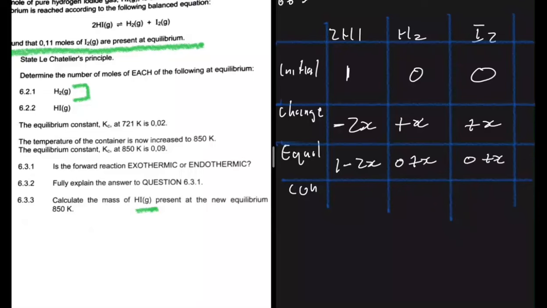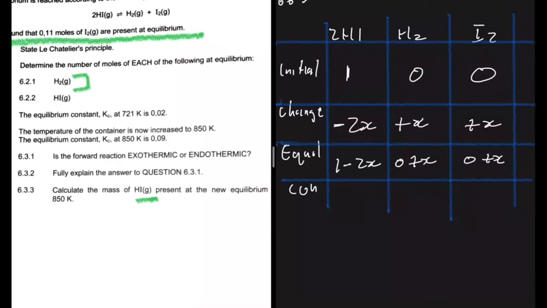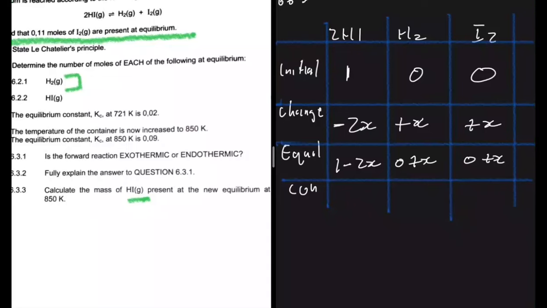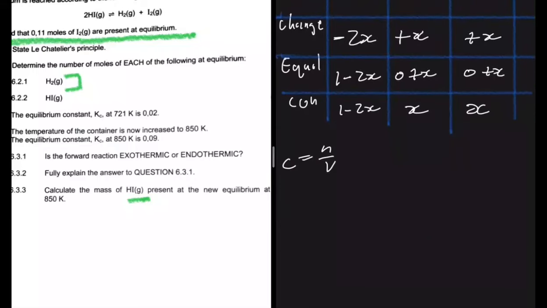And now we move to the concentration. The volume is 1, and we know that concentration is equal to number of moles divided by volume. So the concentration will just be 1 minus 2x, x, and x again. Now we have our concentrations at equilibrium in terms of x, so we can go ahead and set up our expression for Kc.